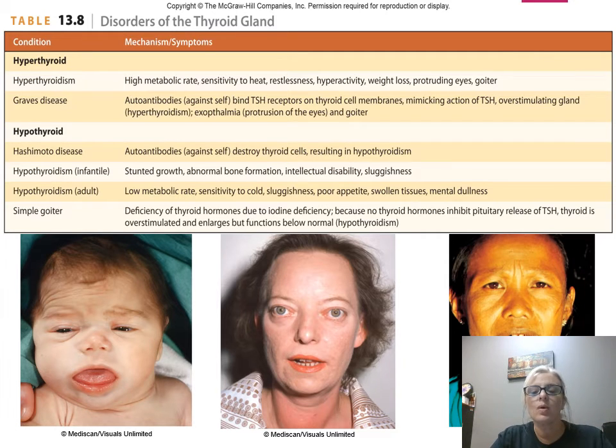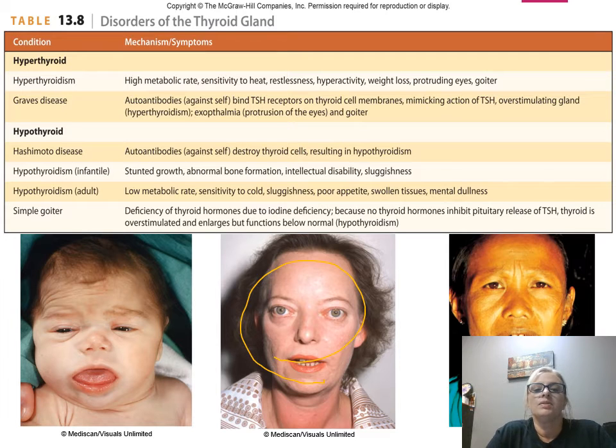You're going to lose weight, be very sensitive to heat, and not rest well. You're going to be hyperactive. You can see protruding eyes, as in this picture here. One cause of this is Graves' disease.